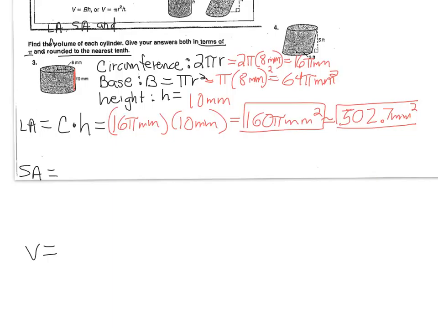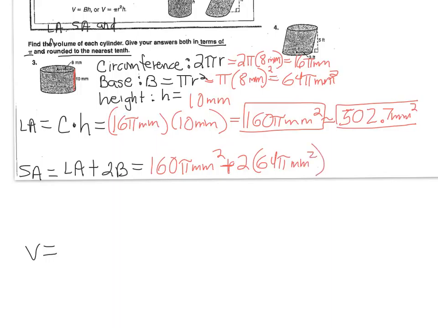Now for the surface area, the surface area is the lateral area plus the two bases. And the lateral area in terms of pi, I'm going to get my answer in terms of pi, 160 pi plus 2 bases, and the area of the base is 64. So let's put that in the calculator. What you're going to put in the calculator is 160 plus 2 times 64.